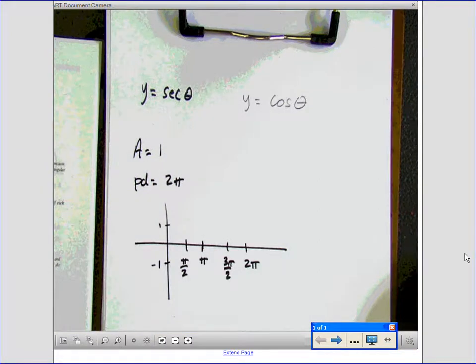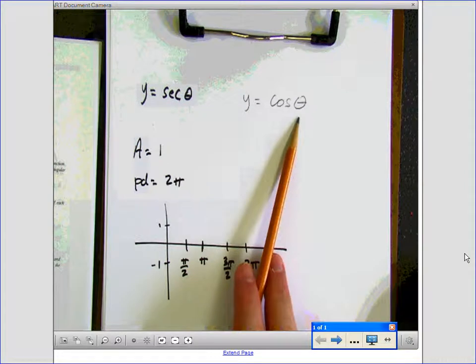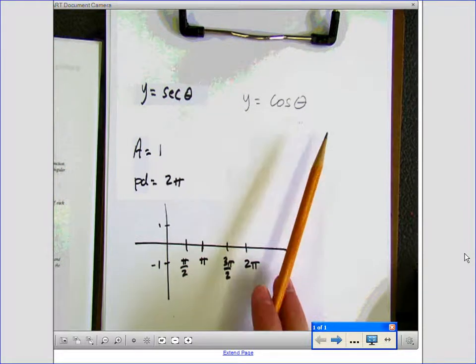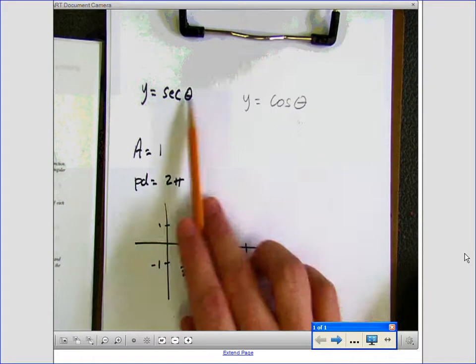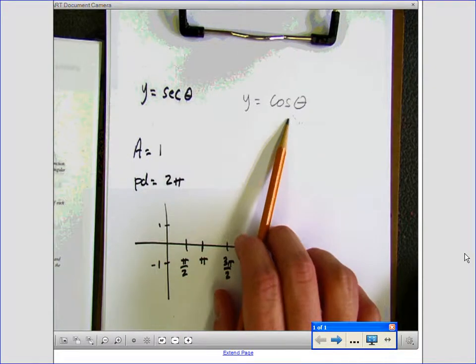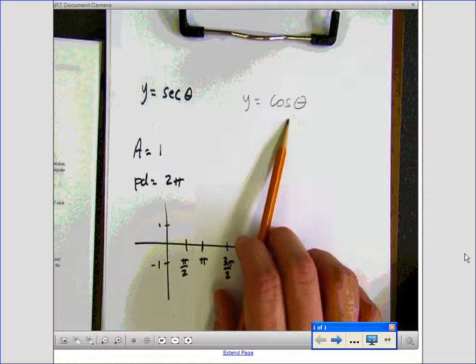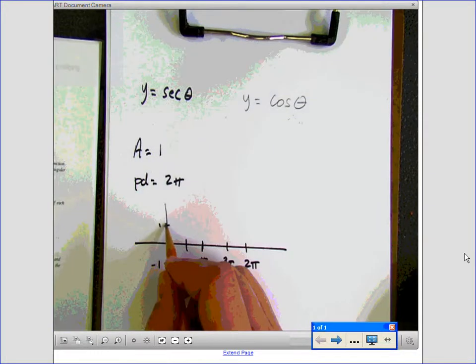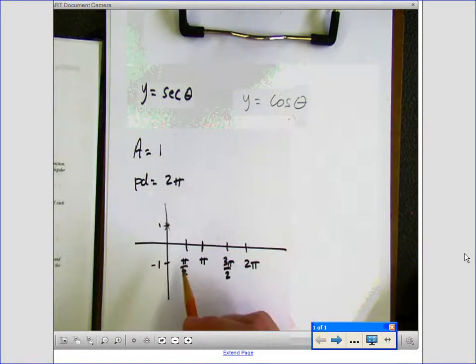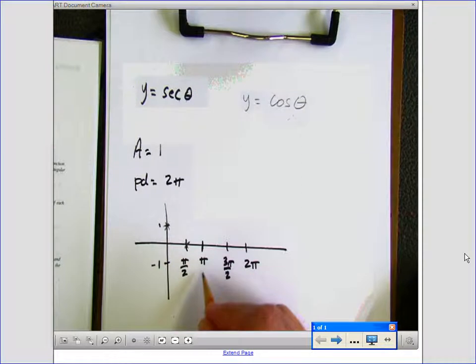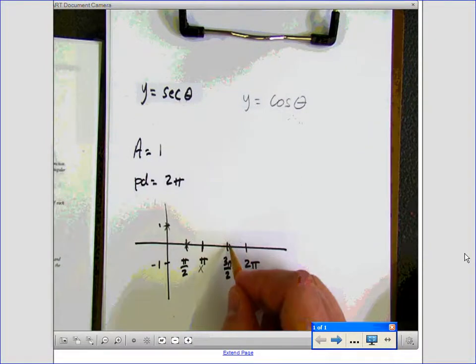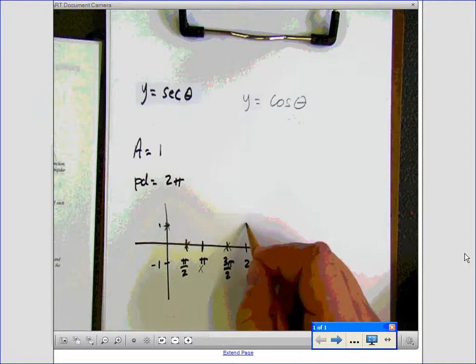All right. Now, I'm going to do my cosine graph in pencil because later on I'm going to erase it to get the secant one. Where does cosine start up at? At 1. Okay. And then it goes to 0. All right. And then down to -1. And then back to 0. Back up to 1.